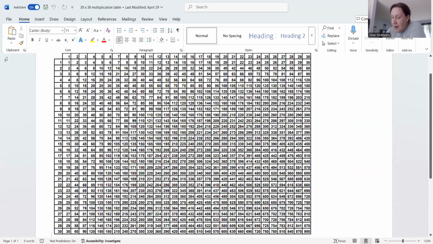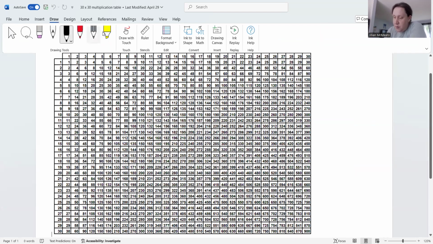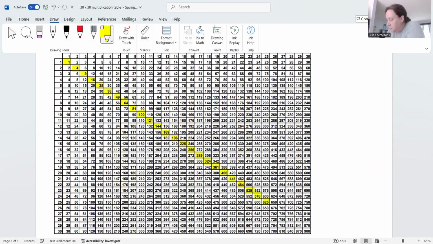If you look at the diagonal of this, we have the perfect squares. These values that go down the diagonal of a multiplication table are your perfect squares. So I'm going to go ahead and mark them all real quick. We've got a 30 by 30 table, and we've listed all of the perfect squares. They go right down the diagonal.